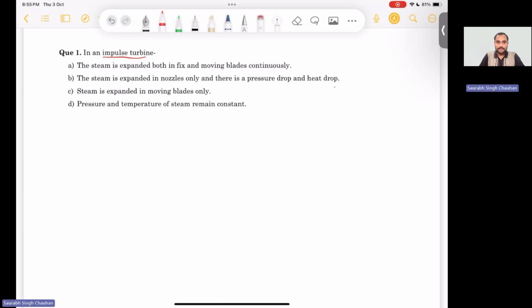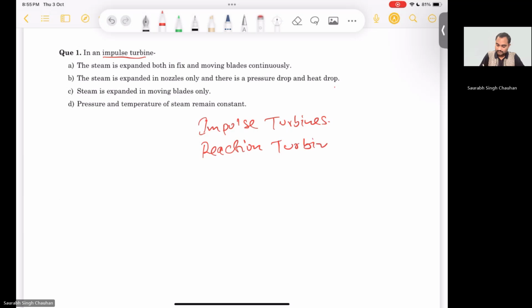You have studied that there are two main types of turbines, impulse turbine and reaction turbine, right?